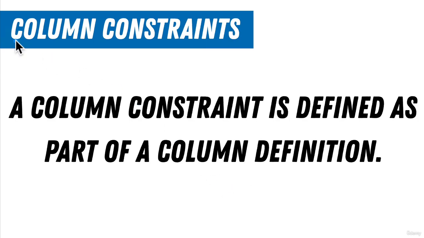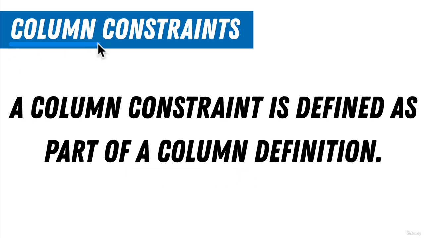When we think about constraints, there are two very, very important distinctions to make. Column constraints is one of them: applying a constraint as part of a column definition. And we've seen this happen. On the student table, we applied a column constraint that said that certain columns could not be null.